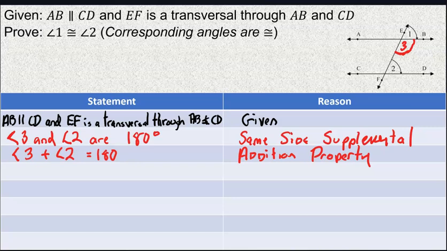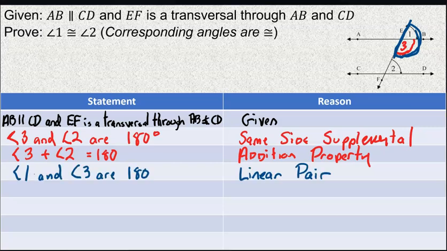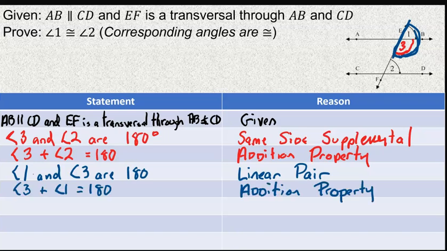Now, I also notice that angle 1 and angle 3 make a linear pair. So in other words, angle 1 and angle 3 are making a straight line which equals 180 degrees. Then from there, I am going to employ the addition property again.